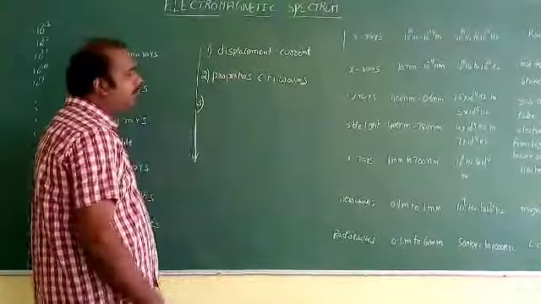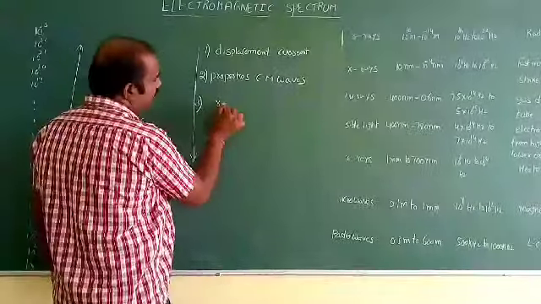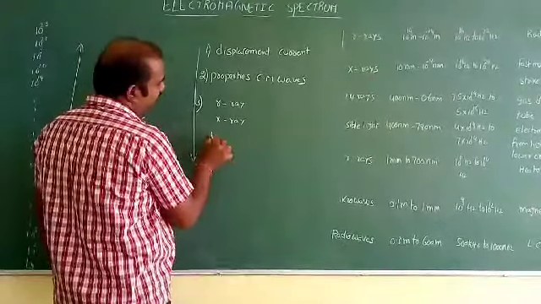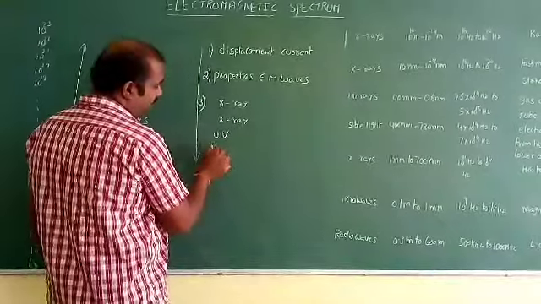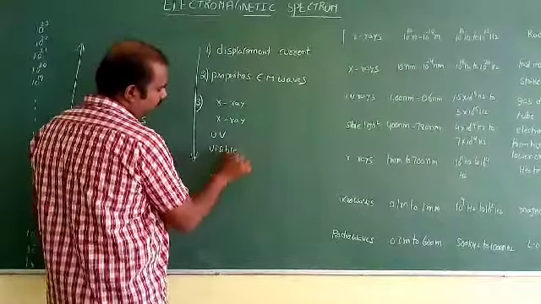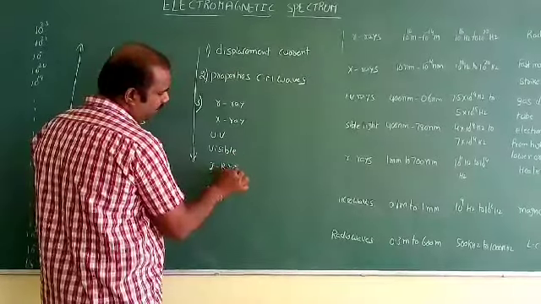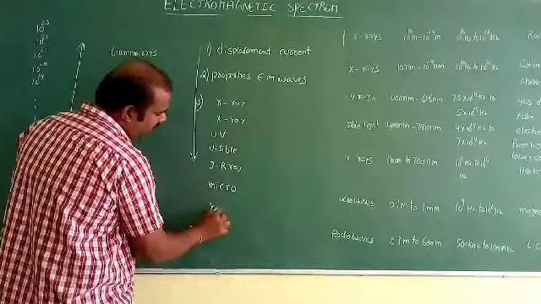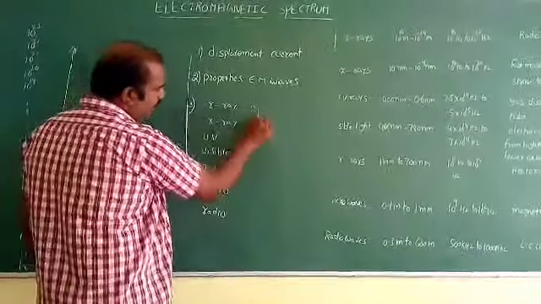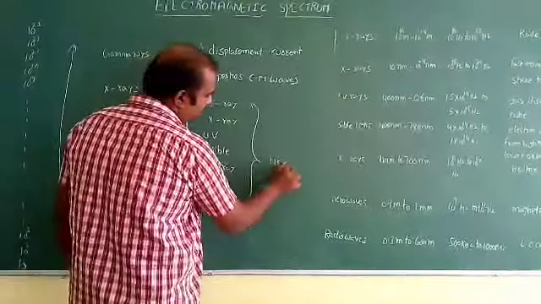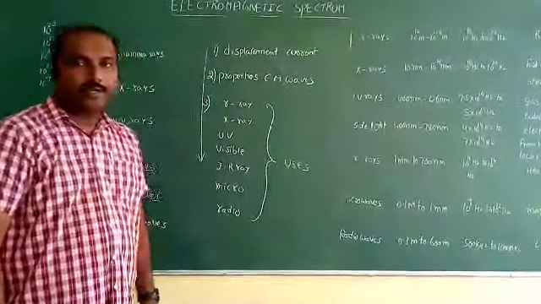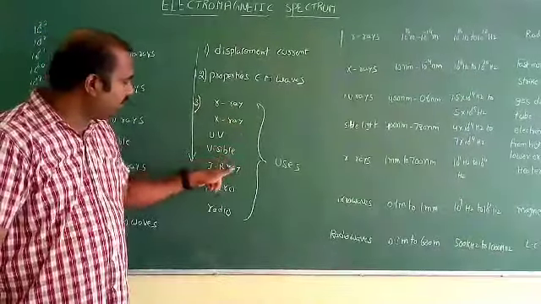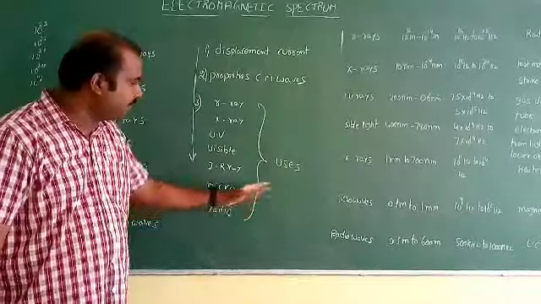After these properties of electromagnetic waves, now gamma ray uses, X-ray uses, UV ray uses, visible light uses, IR ray uses, microwave uses, radio wave uses.